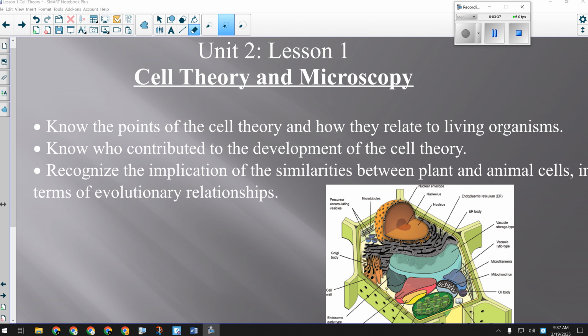Okay? Viruses are not cells. A virus is nothing more than a strand of genetic material encased in some kind of protein shell. A virus does not consume food for energy.